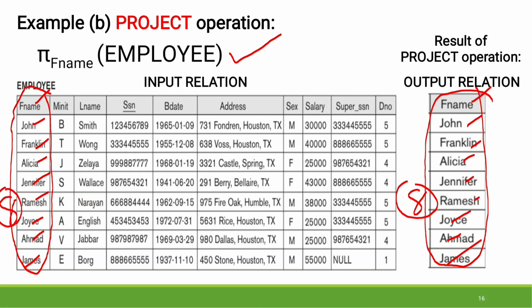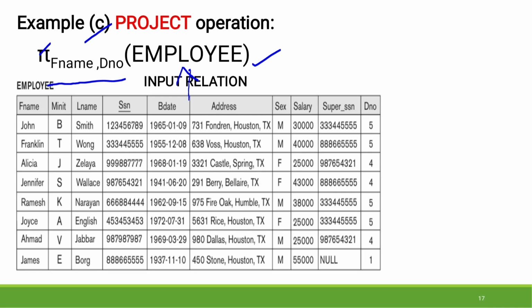Next we'll consider the third example on project operation. Here we have the relational algebraic expression for project operation. The pi symbol is used here. This is the column list. Employee is the input relation. So this employee relation is used as the example input here.